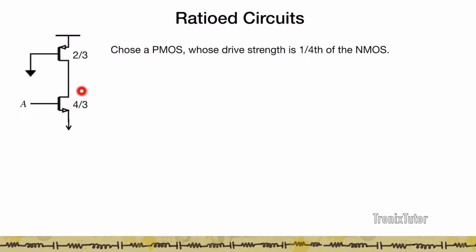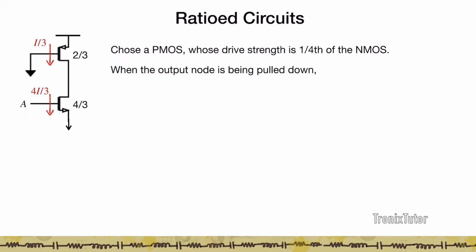So here if you look at the NMOS resistance, the NMOS resistance is 3/4 and the PMOS resistance here is going to be 1/4 that of the NMOS. So when the output is being pulled down, let's assume that a current I was being pulled in the smallest inverter.